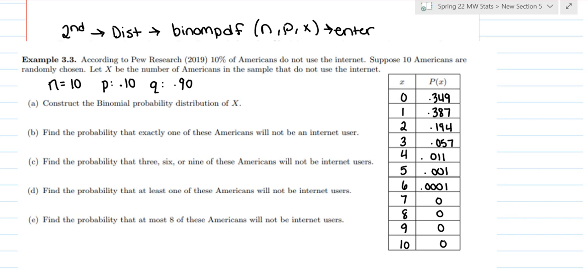All right, so the binomial probability distribution is complete. Now we're going to answer some questions about it.